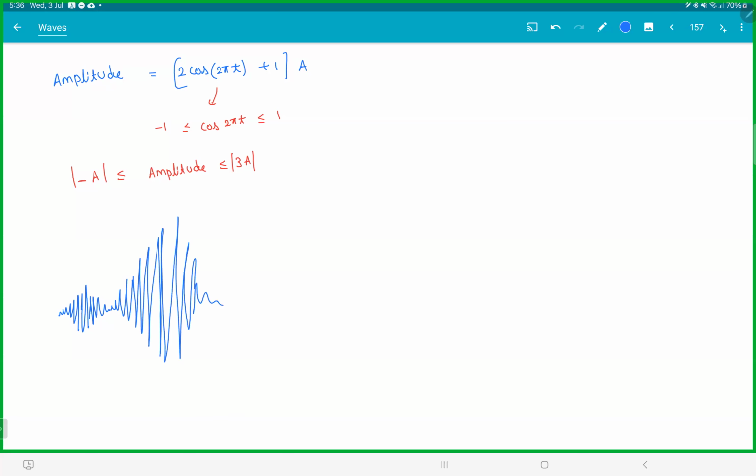This is how the waveform would look. And you can clearly see here omega is 2π, therefore the time period is 2π by omega, which is 1. That means the cycle is going to continue every 1 second. So we have an increase and then again an increase. This is amplitude a and this is 3a.